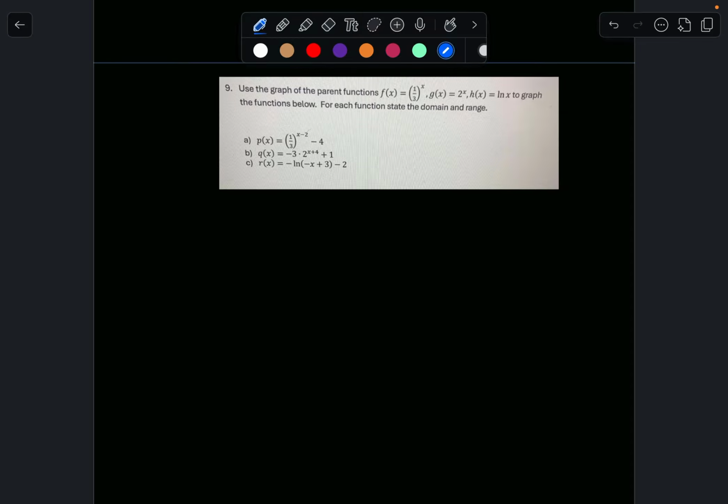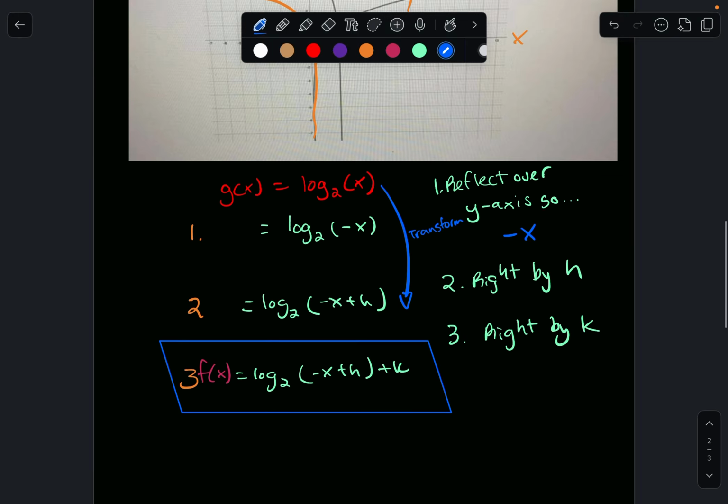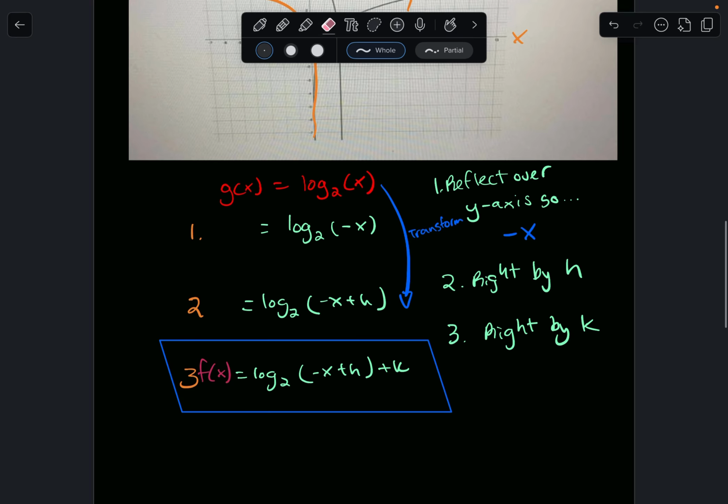So this actually would be negative, I think, now that I'm thinking about it, because it's opposite, so negative h, negative x plus h. I actually think that's more right. Sorry, negative should be on the outside.